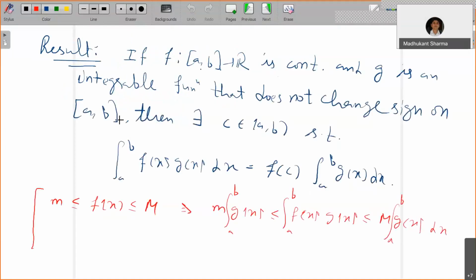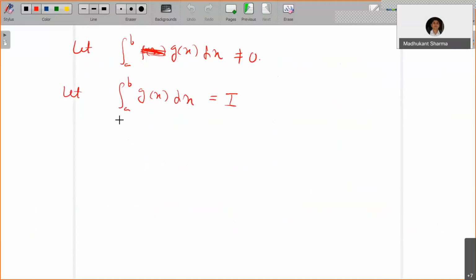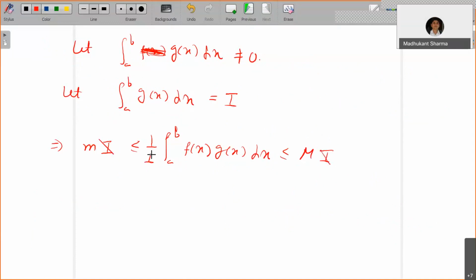Okay, right. So what it tells you is, this will imply m times I is less than or equal to the integration from a to b of f of x g of x dx, which is less than or equal to capital M times I. Since g is a non-negative function, I is either greater than 0 or less than 0, so you can work with it.